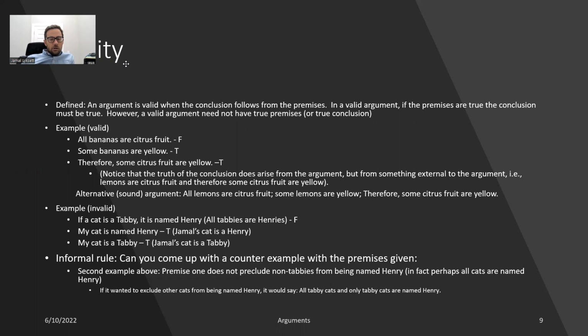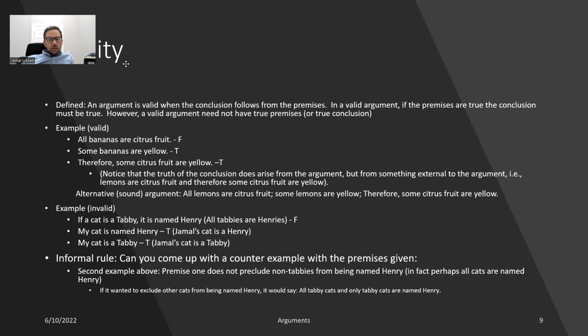Now, at first you might say, well, yeah, that seems to follow, right? Because all tabbies are Henrys, and Jamal's cat is named Henry. Now, why isn't that true? Or why doesn't that follow from it? What do we know when we say all tabbies are Henrys?